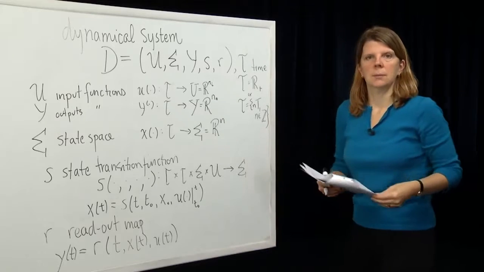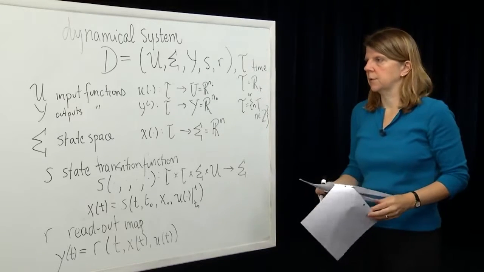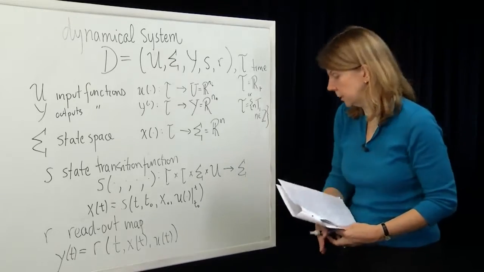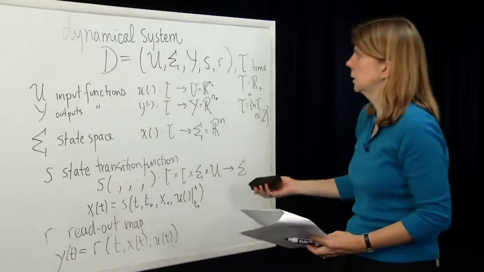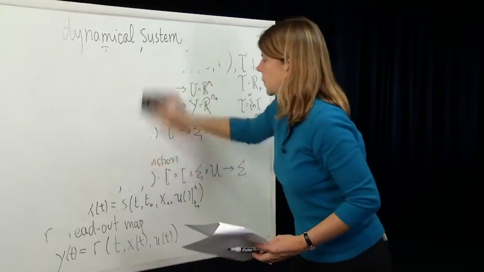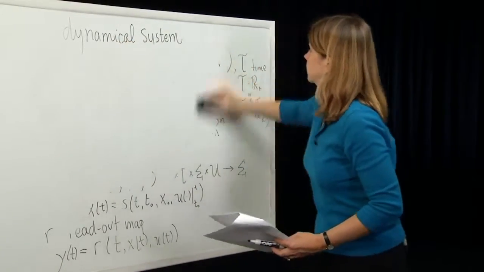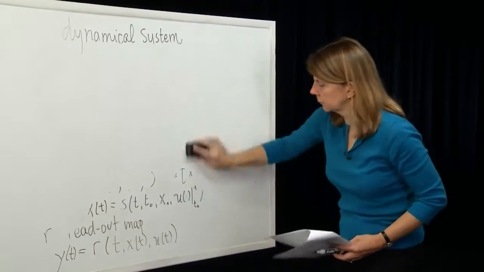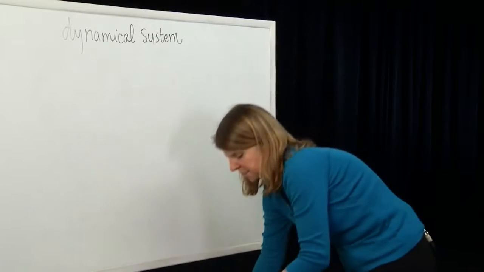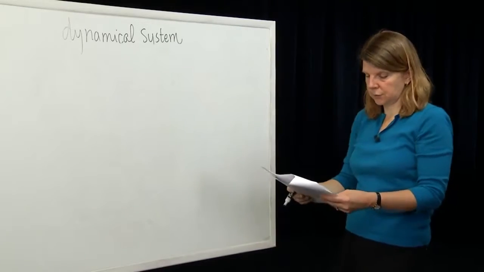All right, let's do an example. Let's do some very standard examples. So one thing might be a circuit. This is a dynamical system. Let's write down the circuit example. And this is a simple electric circuit.